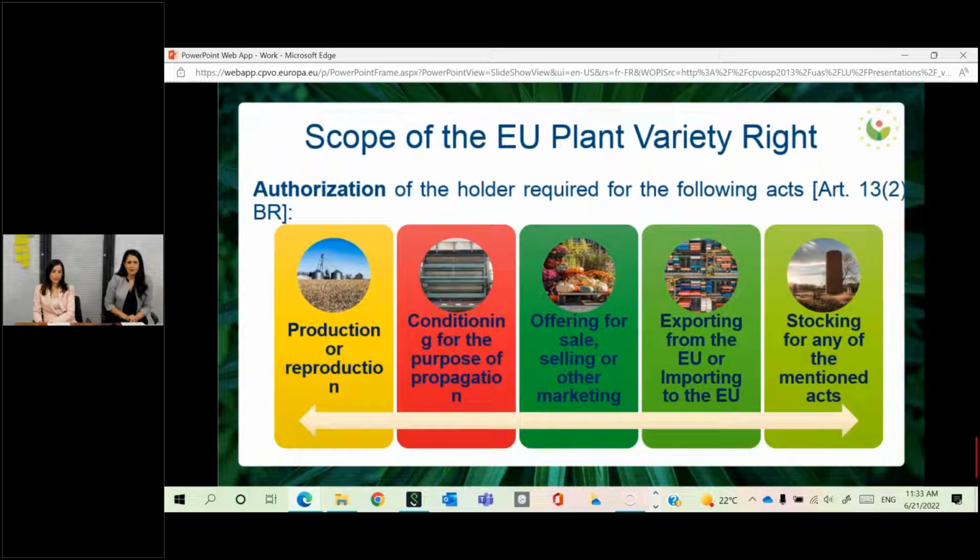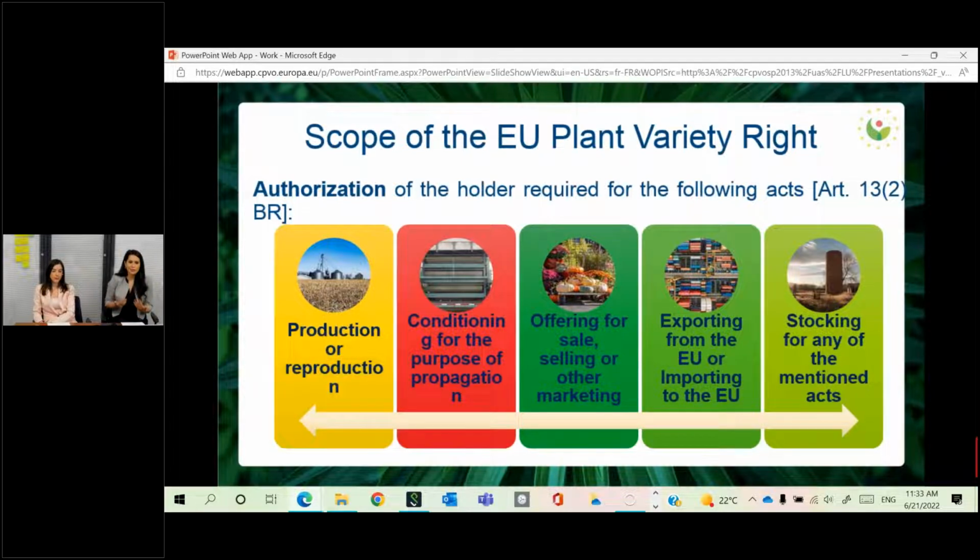The scope of protection is established by Article 13 of the Basic Regulation, and here we have a list of acts where the authorization of the breeder is requested. In other terms, when you want to carry out reproduction of the protected variety, you want to offer it for sale, but also you want to carry out ancillary activities like the stocking and just putting it in storage, you need the authorization of the breeder.